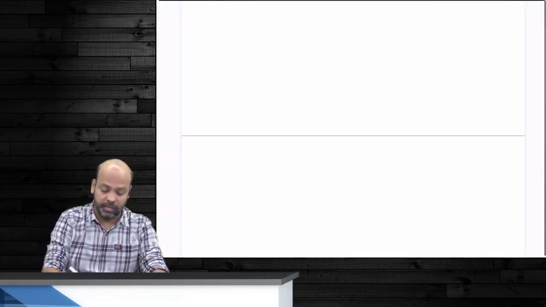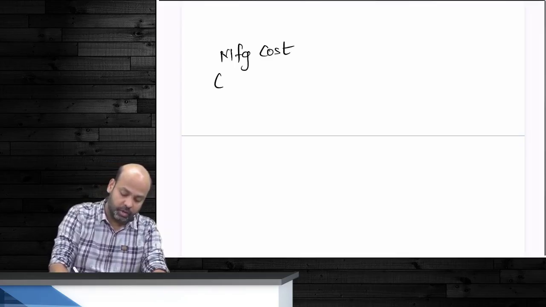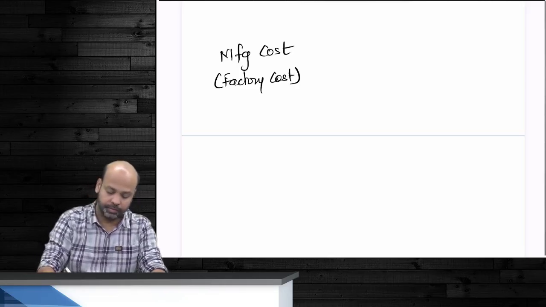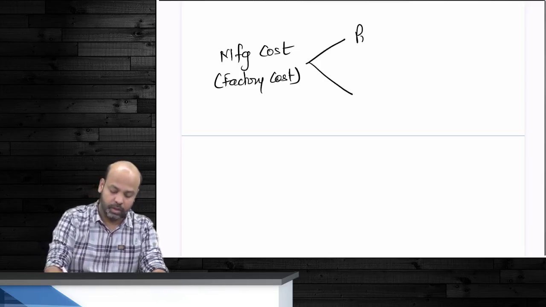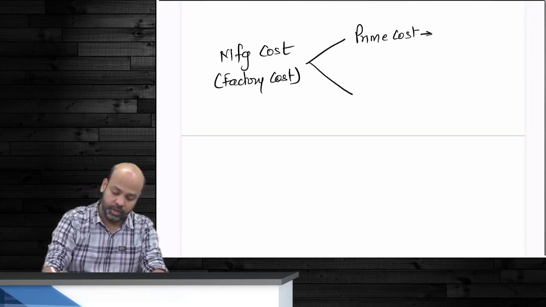As far as manufacturing expenditure, manufacturing cost or factory cost is concerned, it comprises two parts, guys. Prime cost, which will be direct materials.